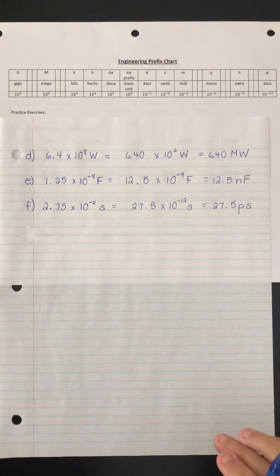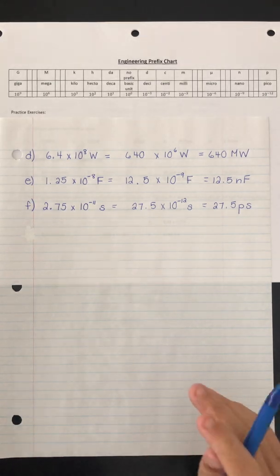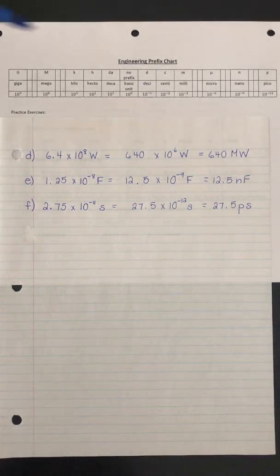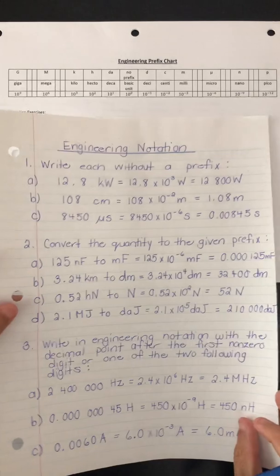Okay, so those are the 3 objectives for today's lesson. Being able to use the engineering prefix chart that I created for this course, to carry out the 3 types of practice problems we've just completed together.